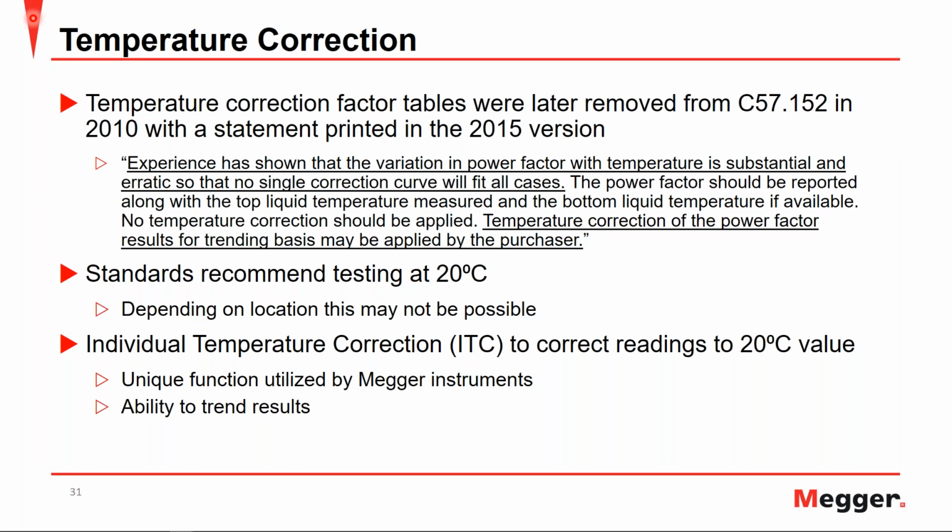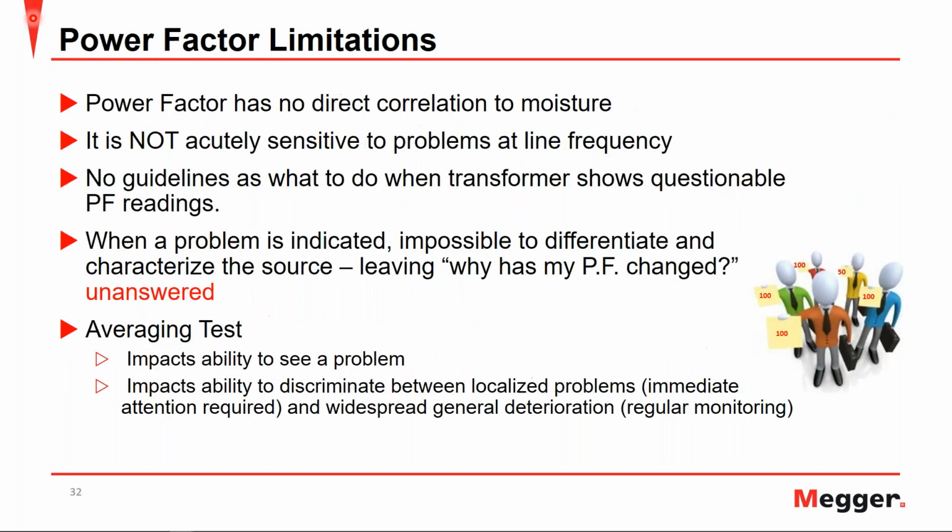So now that we've discussed power factor, I'd like to take a moment and talk about some of the power factor limitations. Power factor has no direct correlation to moisture and is not acutely sensitive to problems at line frequency. Also, there are no guidelines on what the next step is when you get a questionable reading.